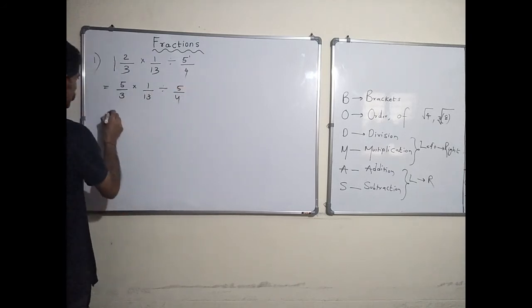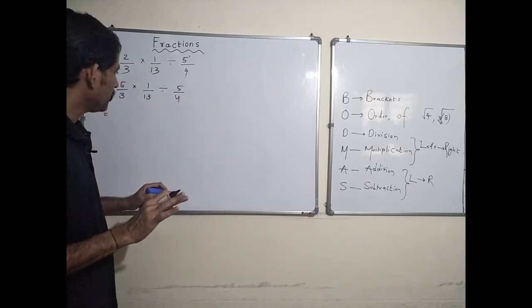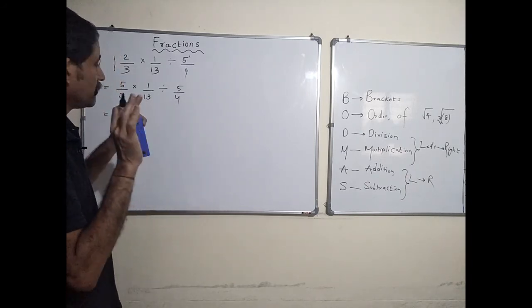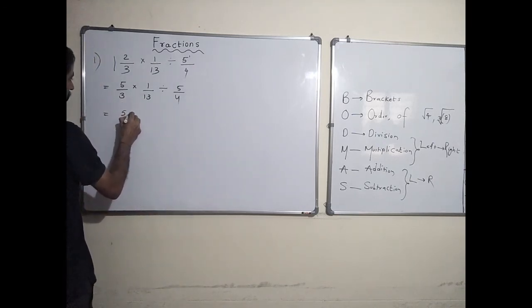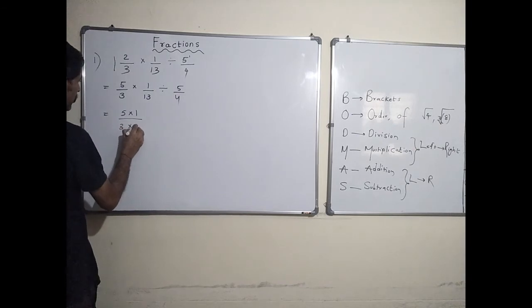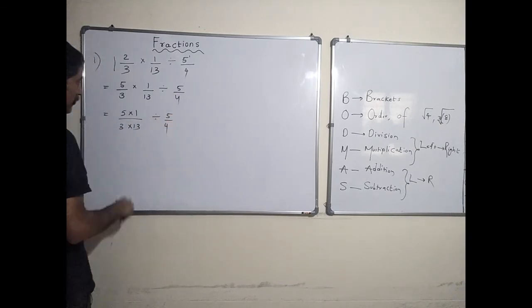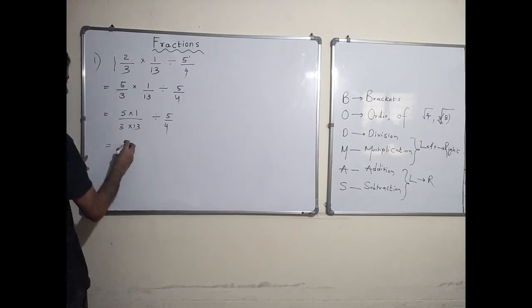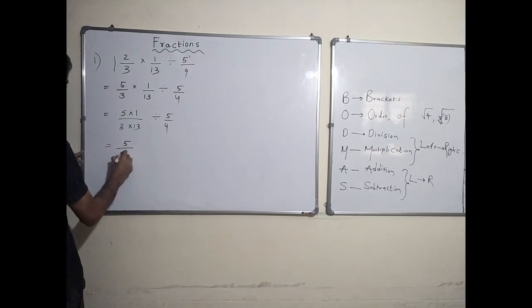Now multiplication and division have the same priority. I will go from left to right. So 5 into 1, 3 into 13, divided by 5 by 4. Now this is nothing but 5 by 39.